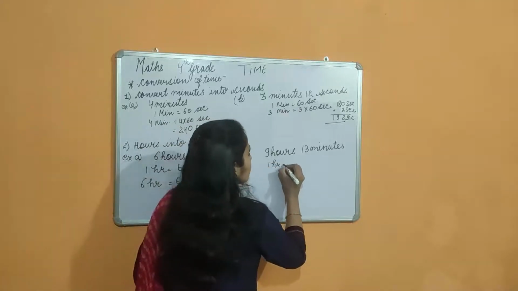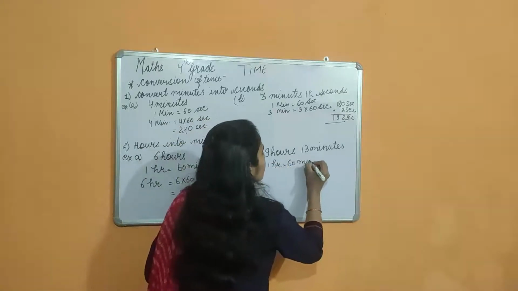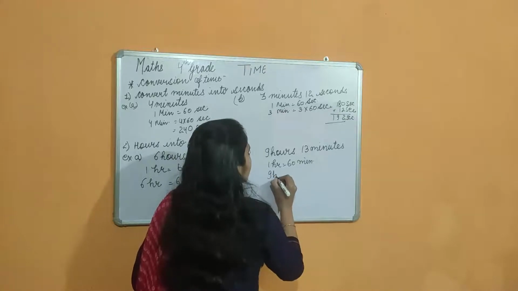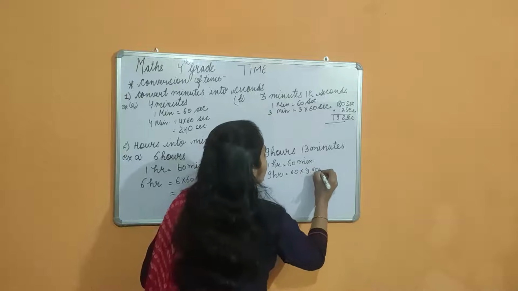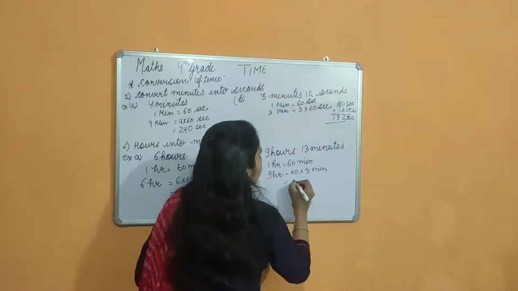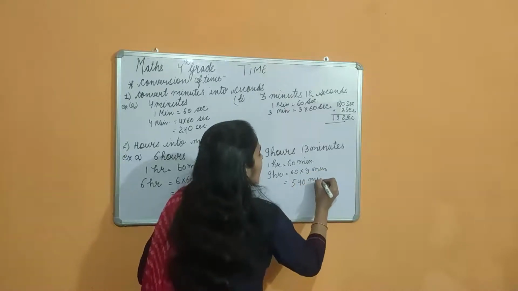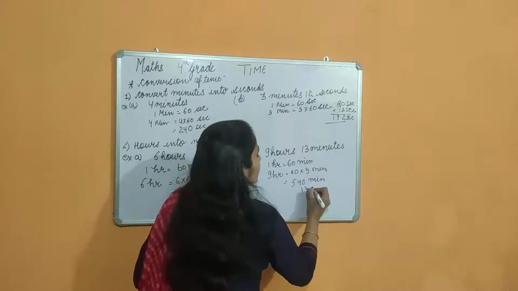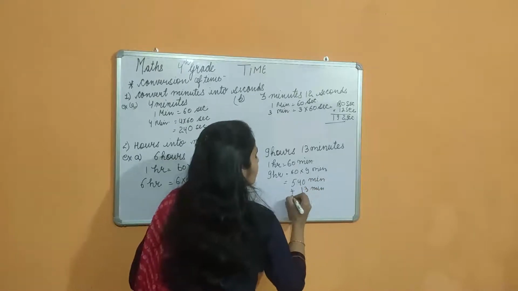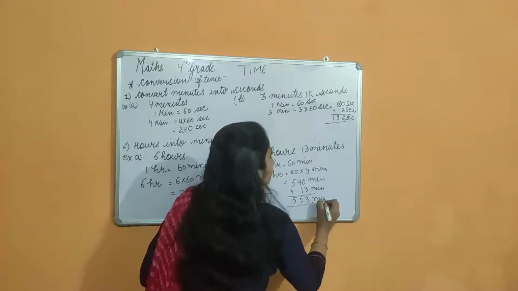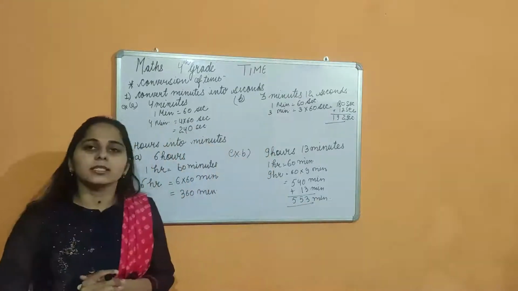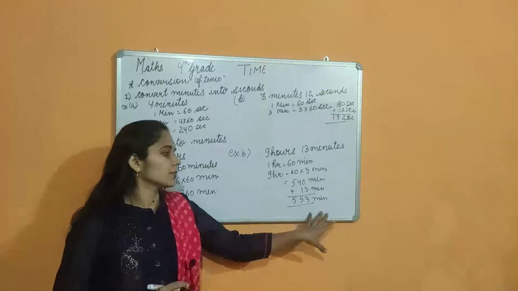As 1 hour is equal to 60 minutes, 9 hours will equal 60 multiply 9, or 9 multiply 60. So the answer will be 540 minutes. And now we will add the 13 minutes to this minutes part, and the answer will be 553 minutes. So 9 hours and 13 minutes is equal to 553 minutes.